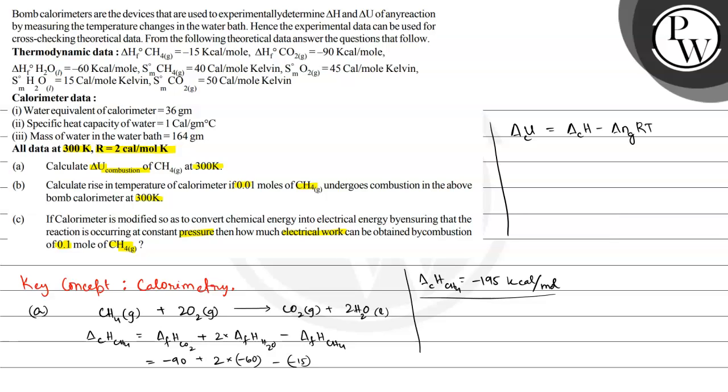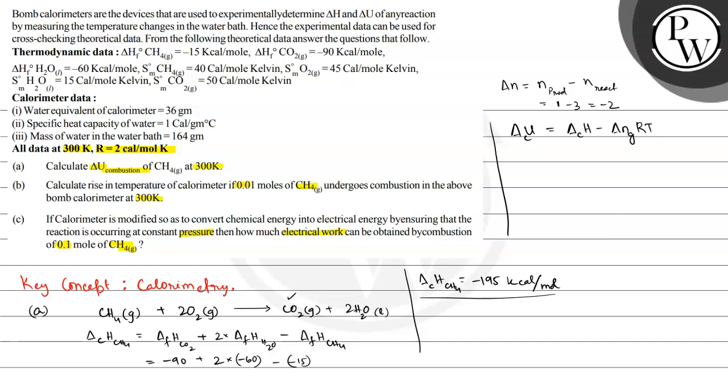So in the reaction, how many gaseous species are on the product side? Only one, that is carbon dioxide, but on the reactant side there are total 3. So 1 CH4 and 2 O2. So delta n is equal to n of products minus n of reactants. So this is equal to 1 minus 3, which is equal to -2.